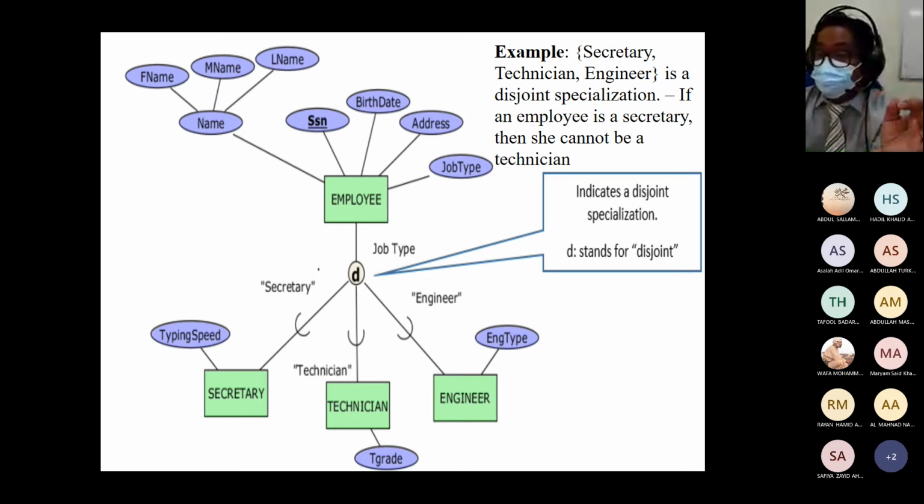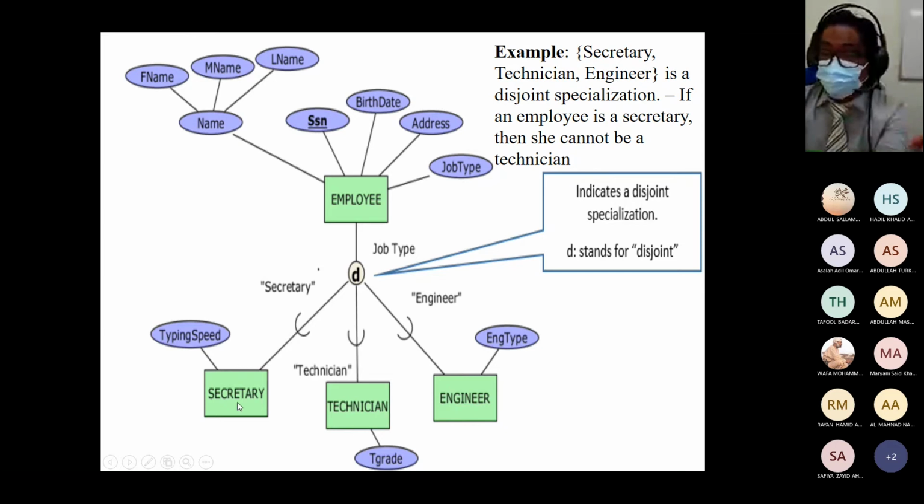Which means that totally the technician could not be performing as a secretary and the engineer. But you know what, to tell you frankly, this sometimes never happens in the real world. There are some technicians who can be a secretary at the moment, but the secretary could not be a technician.